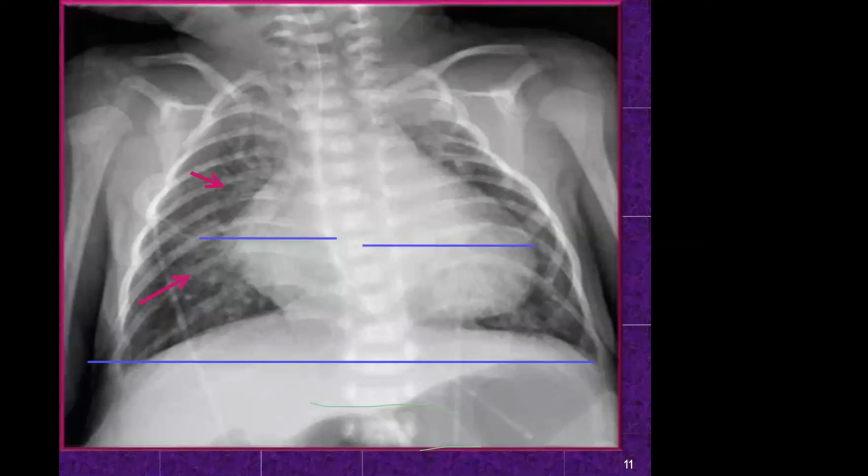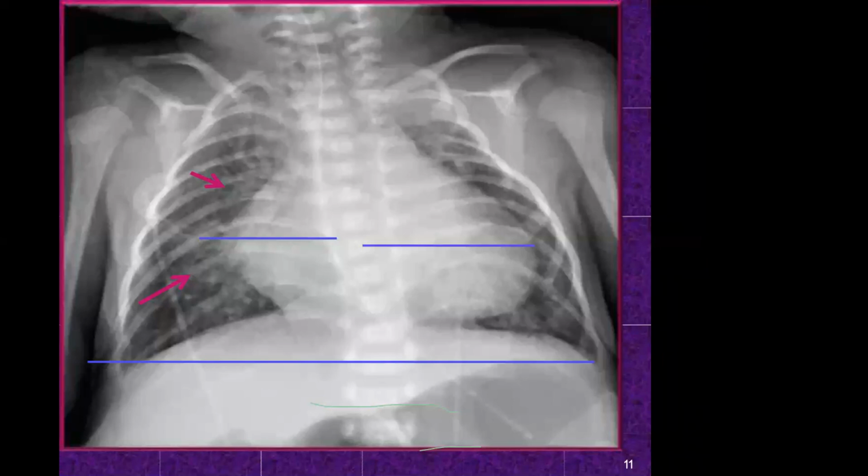I have also put up the markings to make it easier. So for example, on the basis of cardiomegaly, what do you think? We can notice there's mild to moderate cardiomegaly.